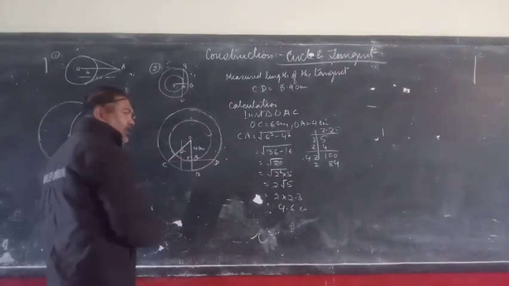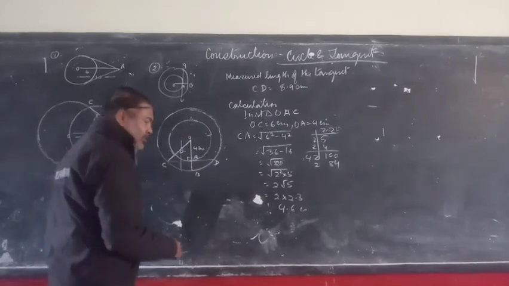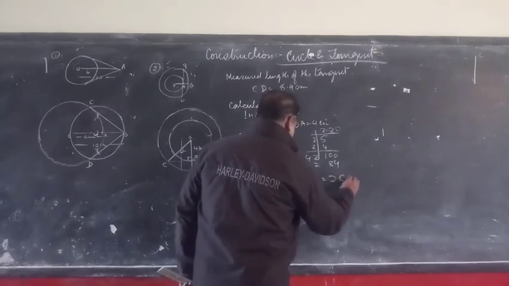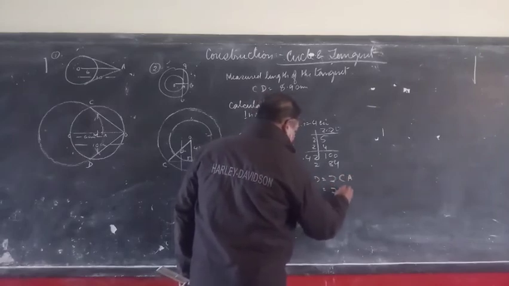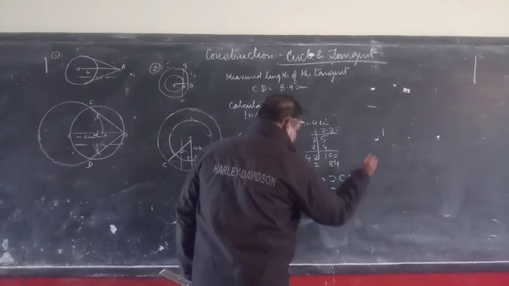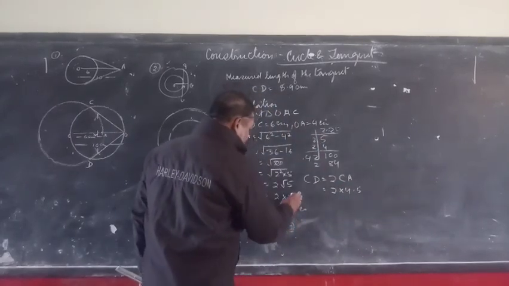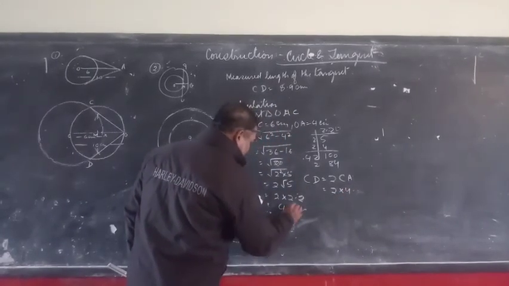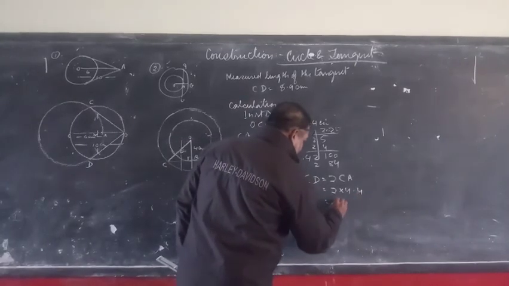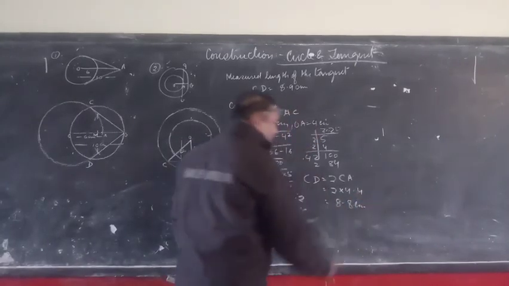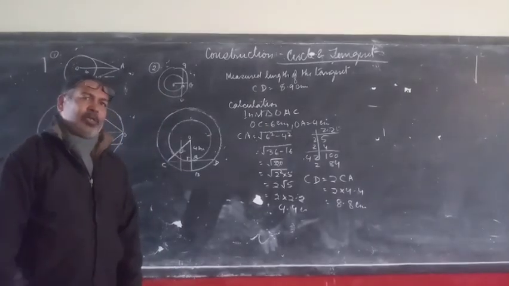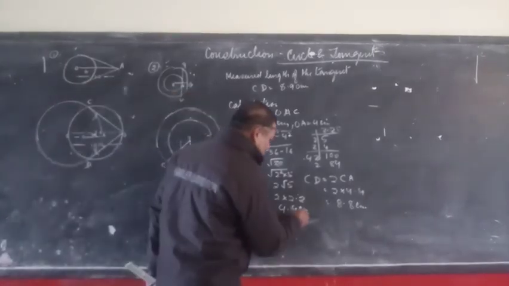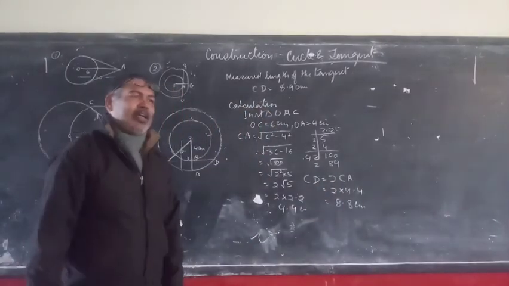What will be the value of CD? Twice of CA. So CD is equal to twice of root 5, that is 2 into 2.2, we keep 2.2 only, so it will be 8.8 centimeter. So 8.8 and 8.9 both are almost the same. Here if you keep 2.236, that will come 8.89 or something.